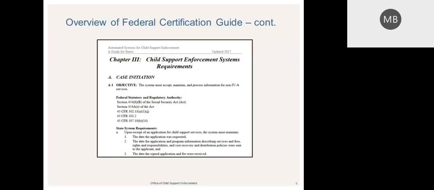A1 objective: The system must accept, maintain, and process information from non-4A services. The next section provides the federal statutory and regulatory authorities that support the Objective A1 certification requirement.